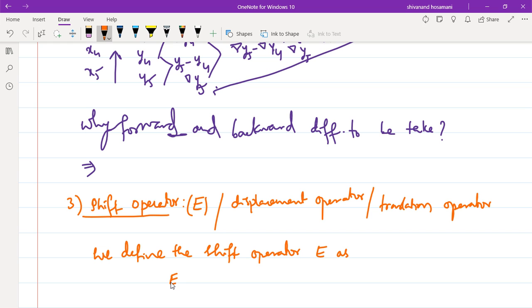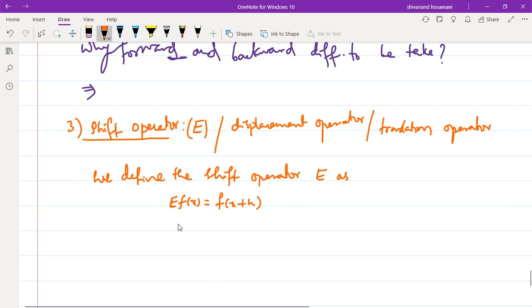When you apply this operator to a function f of x, the output is f of x plus h. Do you understand? If I apply this operator to the function f of x, which is nothing but y of x, then the output will be y of x plus h.